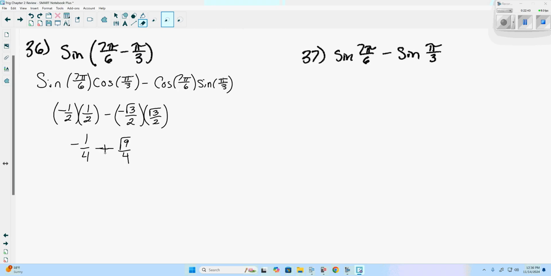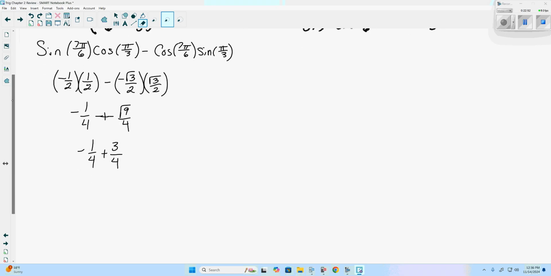Negative negative makes positive. We'd have 1/4 plus 3/4... which gives us 2/4 or 1/2.